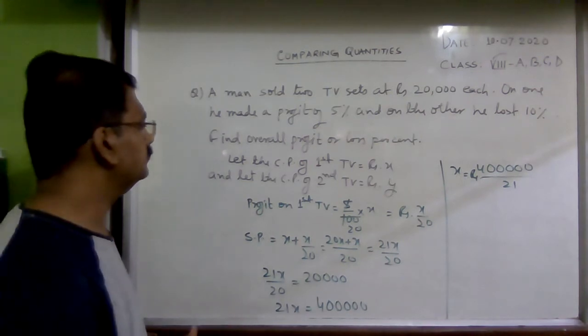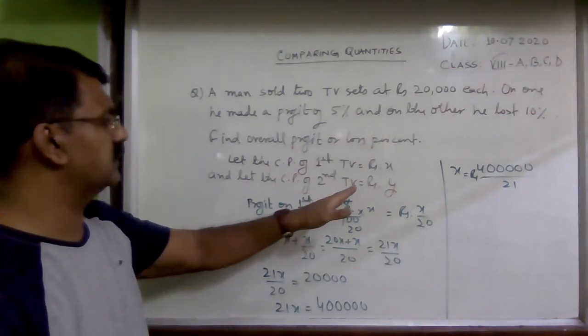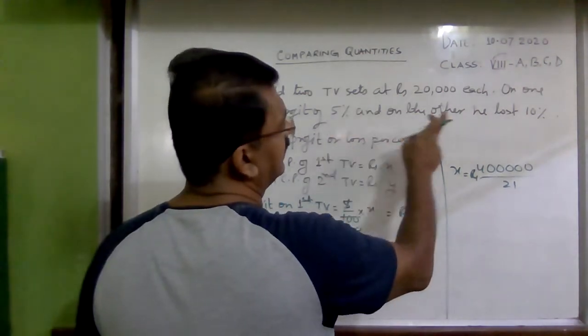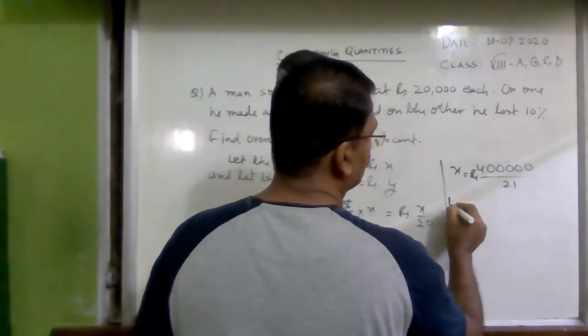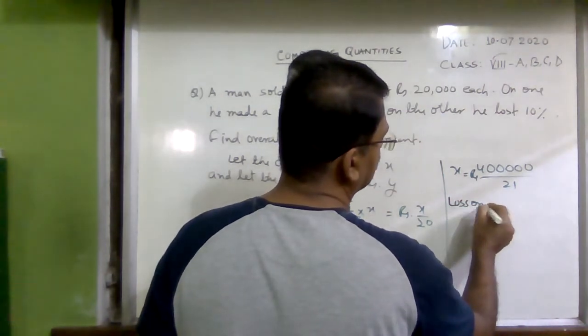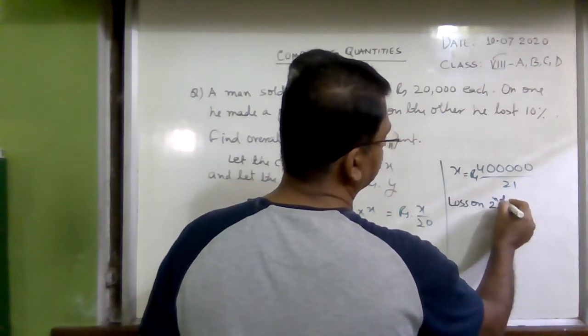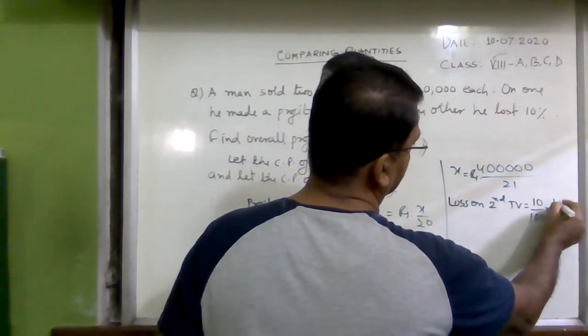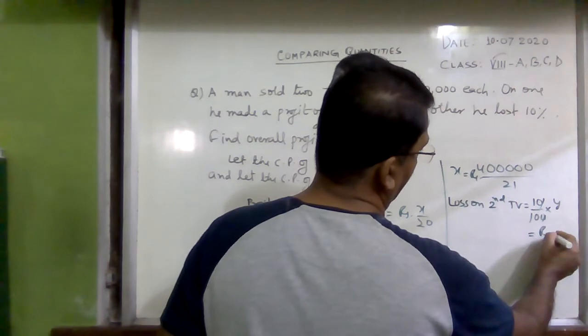Now we have assumed that the cost price of the second TV is Y. Now on the second TV there is a loss of 10%. So loss on second TV, 10% of Y, that is rupees Y by 10.